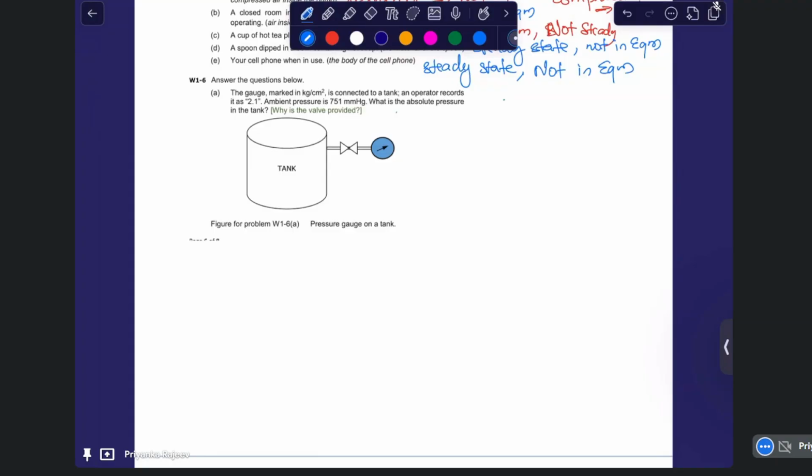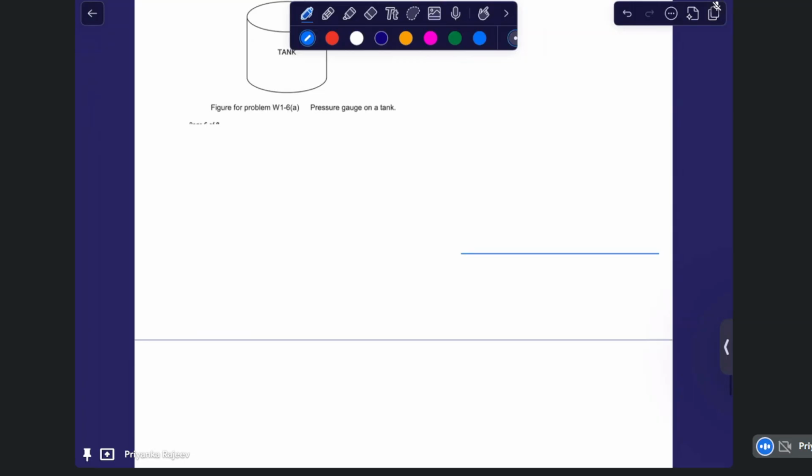Atmospheric pressure. So we know there is something called vacuum pressure, which is absolute zero. So vacuum. Then there is atmospheric pressure somewhere over here.